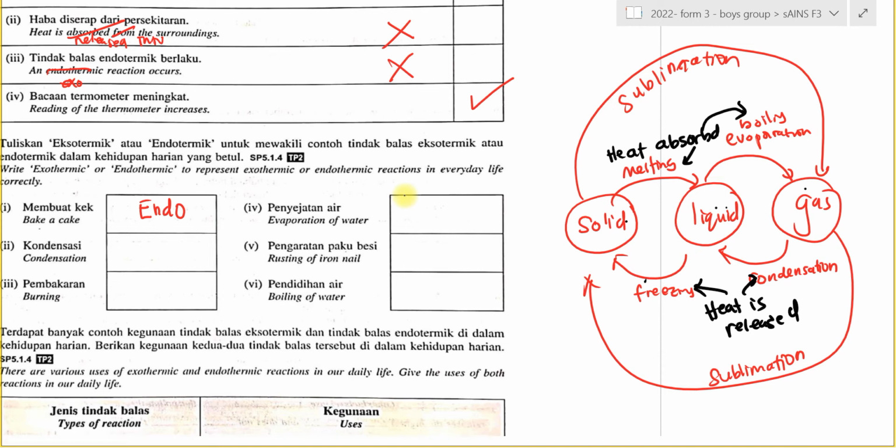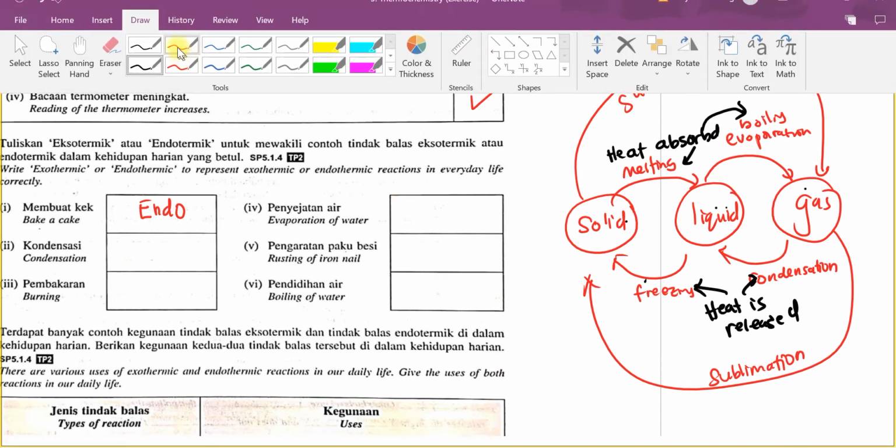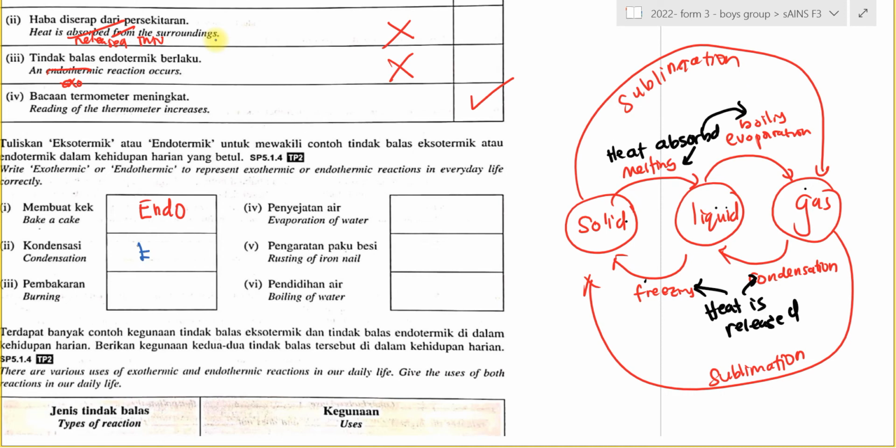So condensation, exo or endo now? Exothermic. Yes, exothermic. Burning, exothermic. Evaporation, endothermic. Rusting, exothermic. Rusting, it's a new thing for you.